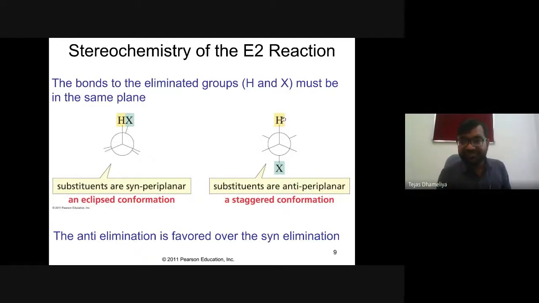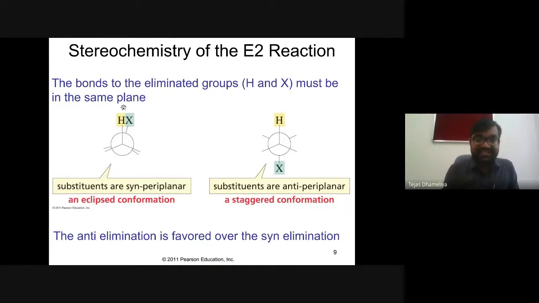The teacher will enter from one side and the student will leave from the opposite end. Here the teacher is entering from one side, but at the other end the students are leaving on the same side. So this is not preferable. Why?